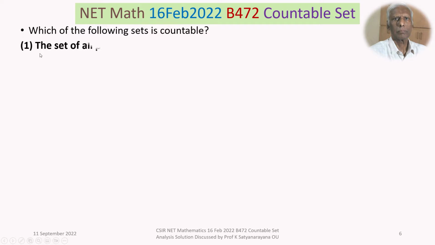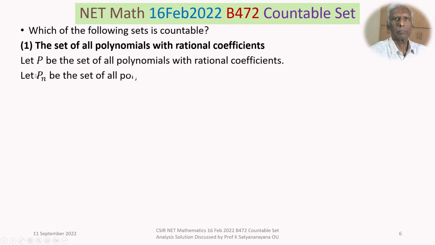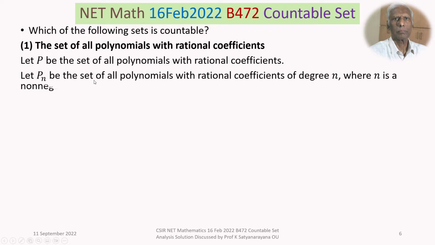Let's take option 1, the set of all polynomials with rational coefficients. Let capital P be the set of all polynomials with rational coefficients. Let P suffix n be the set of all polynomials with rational coefficients of degree n, where n is a non-negative integer. Yes, non-negative integer, because we have the polynomials of degree 0 also, which are precisely the constant polynomials.